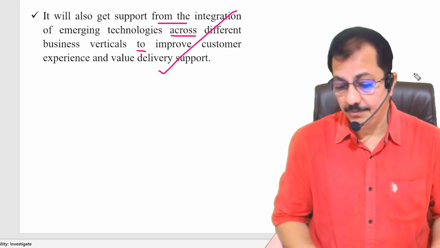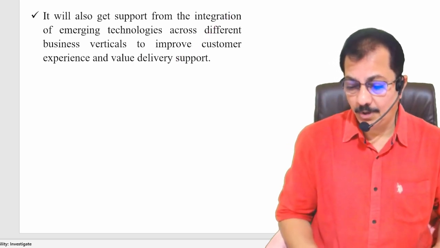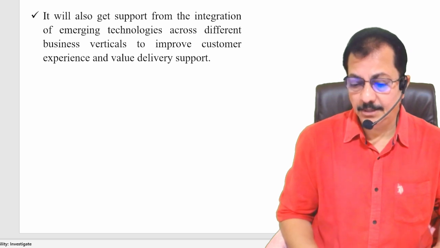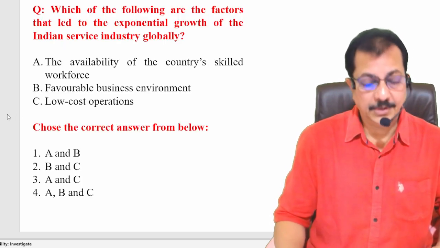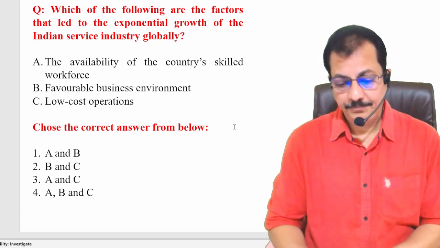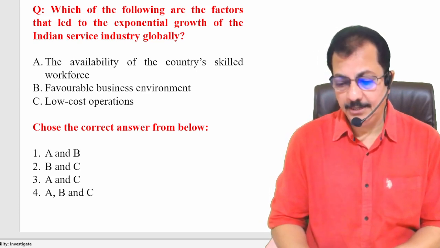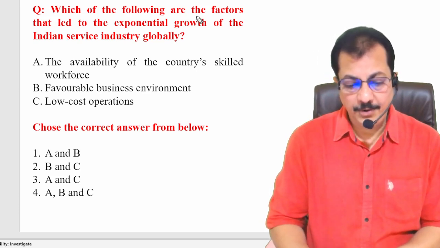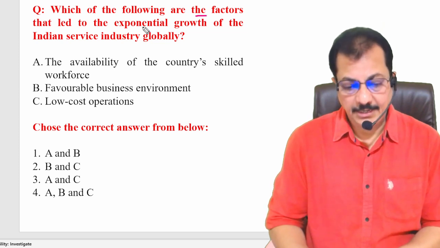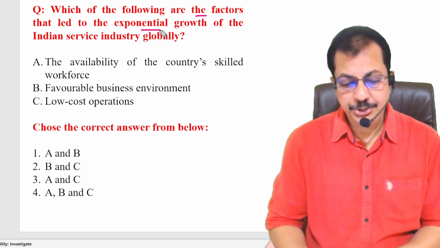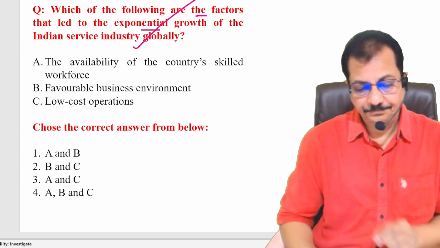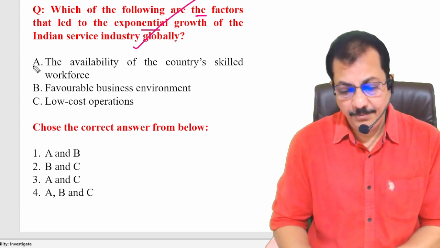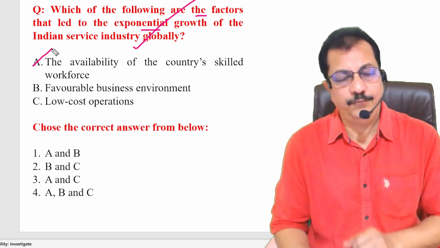This is all possible because of the technology. That is the beauty of the technology. What was not present in the olden days is very much available now. Look at this, we have one more question. Kindly answer the question here. Which of the following are the factors that led to the exponential growth of the Indian service industry globally? The availability of the country's skilled workforce, yes or no?